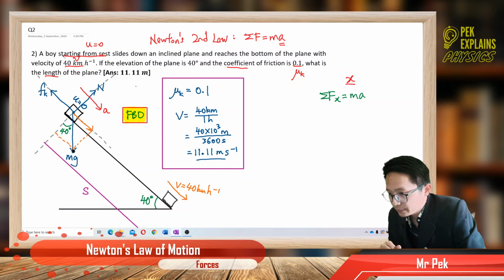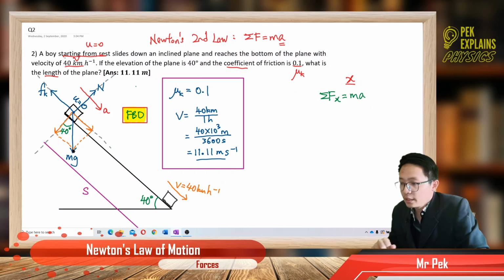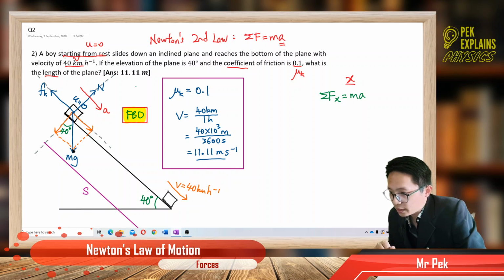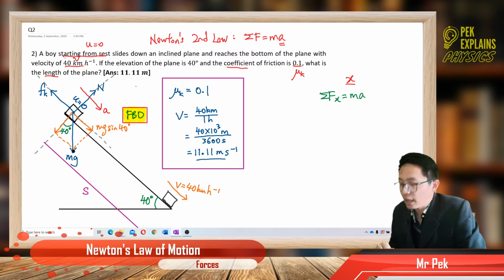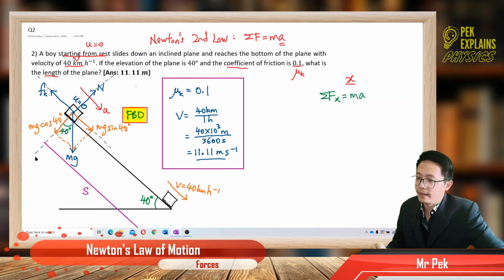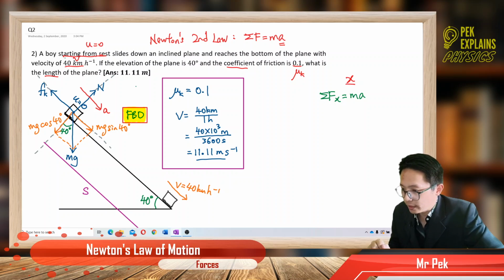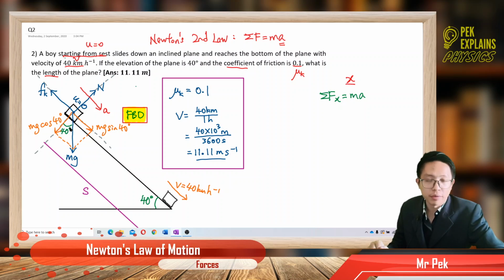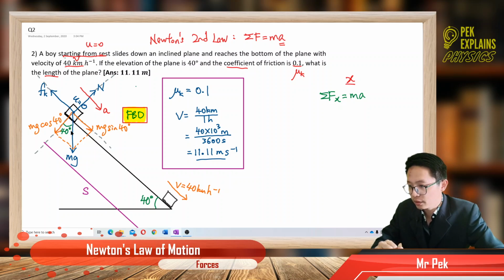The x component of mg is opposite the angle, so it's mg sine 40. The y component is adjacent to the angle, so it's mg cos 40. When this is 40 degrees, this one is also 40 degrees.